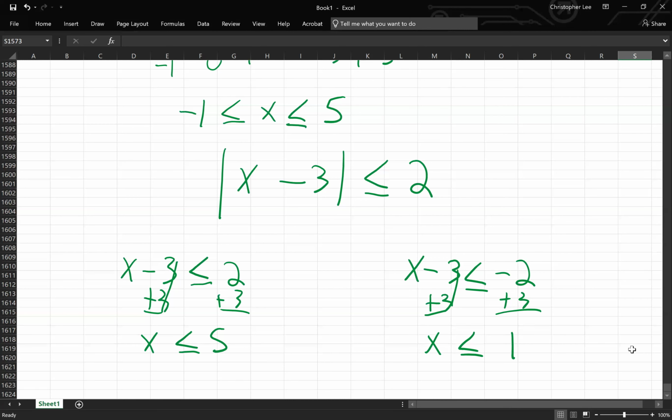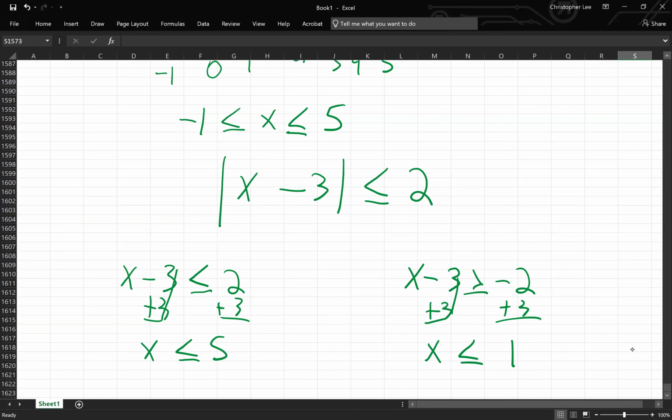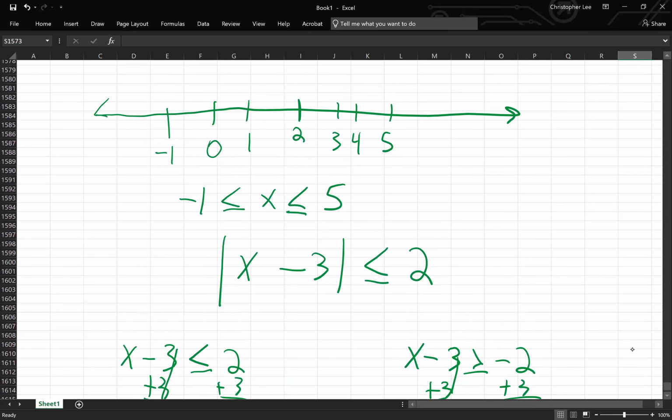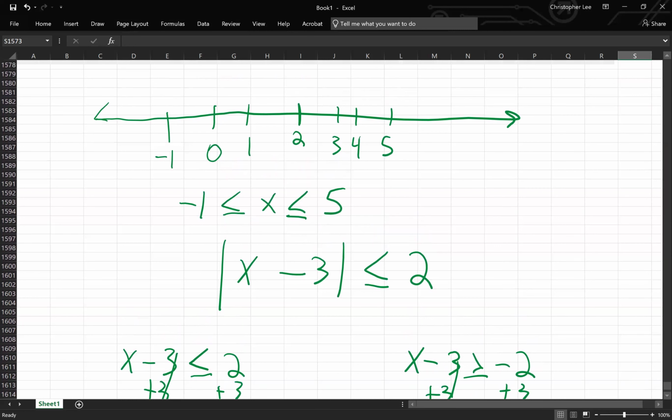Also, another thing too, this should have been flipped around. This should have been greater than or equal to. And this is flipped around too. Why isn't that -1? That should have been -1. Let me think about that. 1 second.